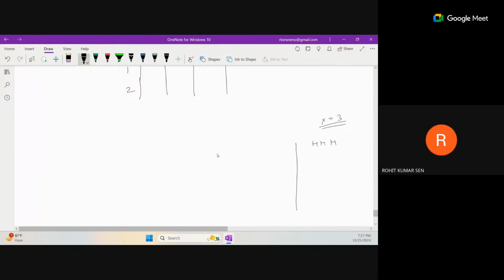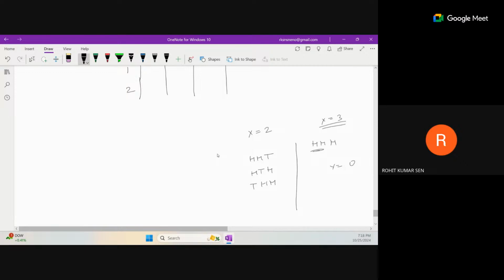I can clearly see my Y. What is Y, the number of tails here? Can you tell me the number of tails here? 0. Now tell me, X = 2 means 2 heads. Head, tail, head, head, right?